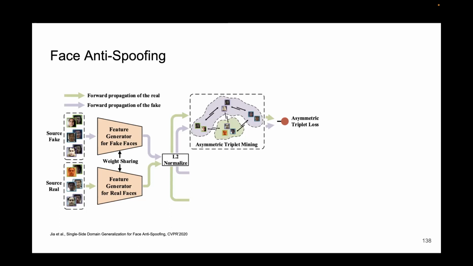However, for the fake ones, denoted in the purple region, the variance could be huge.